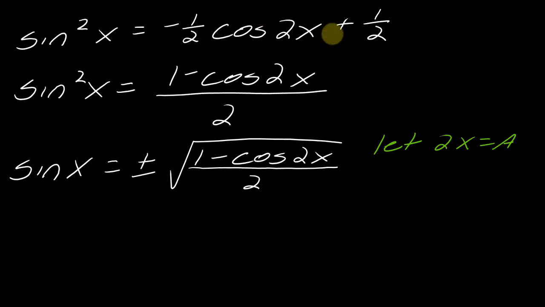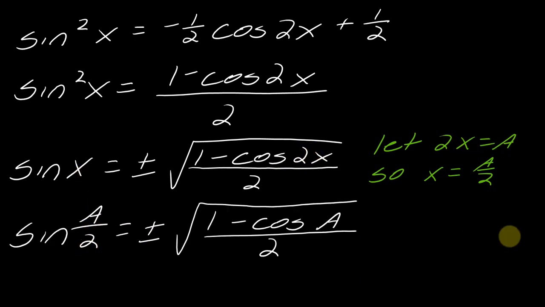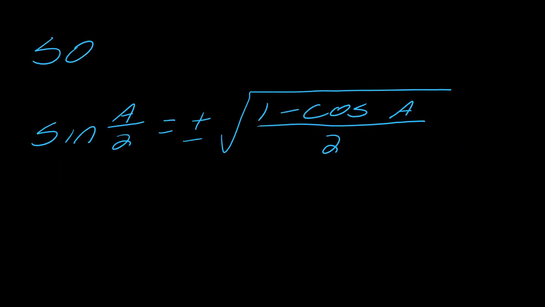And if 2x equals a, then also x equals a over 2, so I just solve for x. Where I have this x, I replace it with a over 2, and where I have this 2x, I replace it with a. And now, boom, we have our identity. So that's how that one is created. You really just solve for sine and then make that substitution.